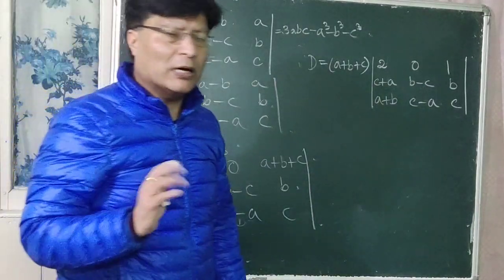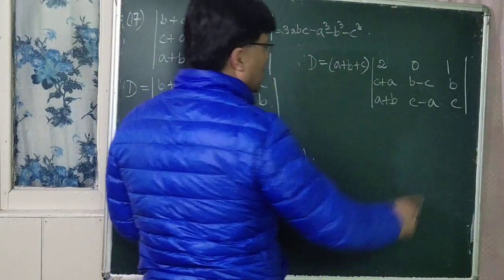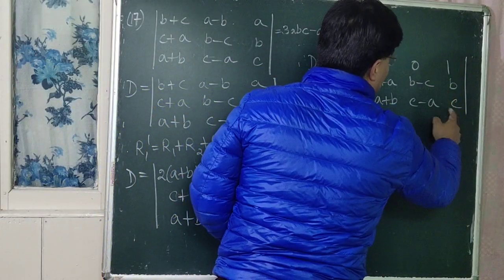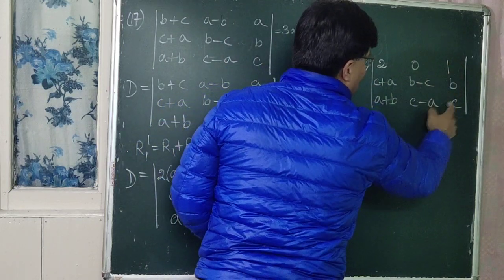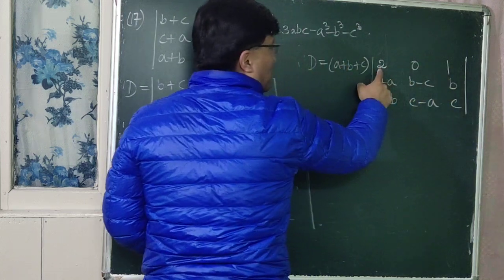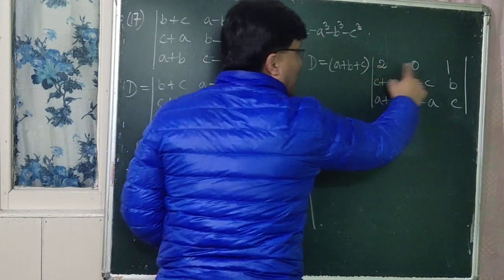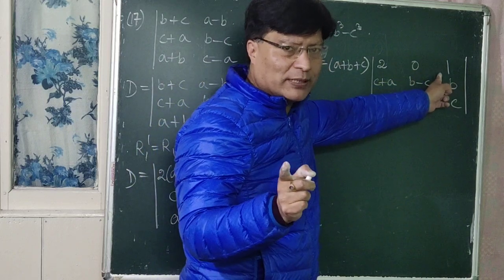Okay. So now what you will do here is, first of all you have to multiply this. Since there is 2 here, you have to multiply this third column by 2. And if it is subtracted from the first column, 2 minus 2 will be 0. If you multiply this 1 by 2, you will get 2, isn't it?